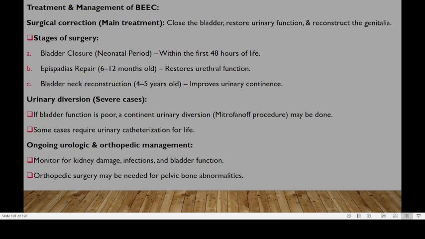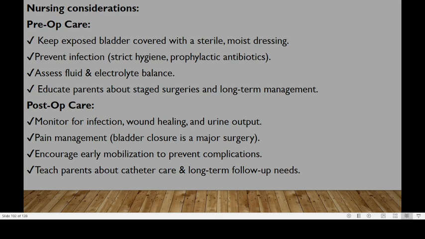We also have urinary diversion for the severe cases. If the bladder function is poor, a continent urinary diversion, that is the Mitrofanoff procedure, will be done. Some cases require urinary catheterization for life. Ongoing urologic and orthopedic management, you monitor for kidney damage, infections, and bladder, and orthopedic surgery may be needed for pelvic bone abnormalities.